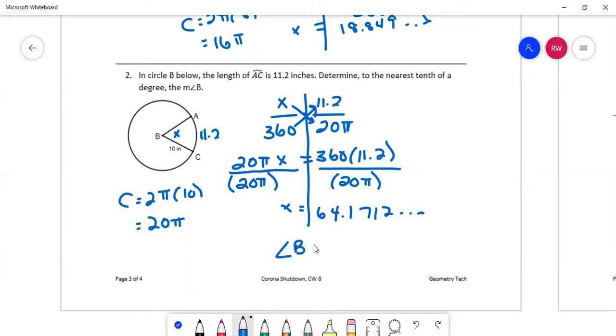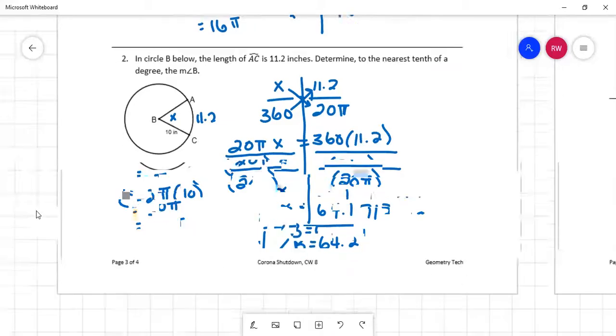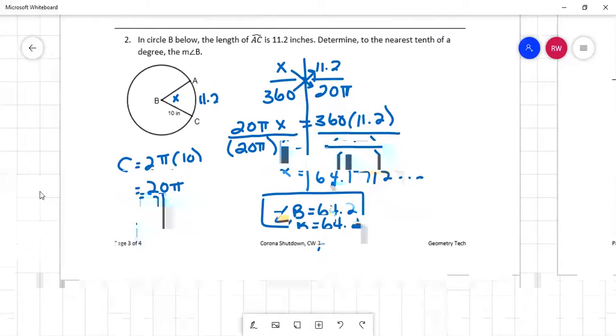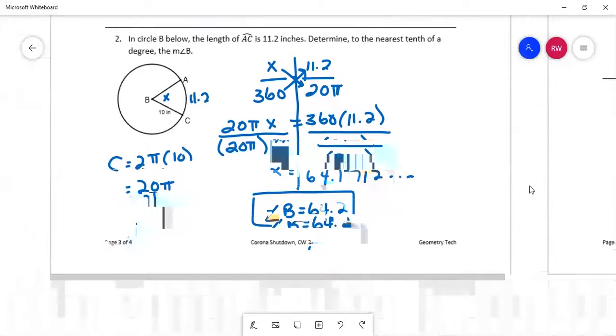Angle B is equal to, the nearest tenth is a 1, the 7 tells me to round up, 64.2. Hey, look at that, we're almost done. We've got pages 3 of 4 done.